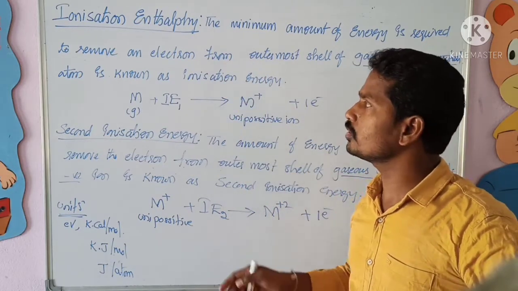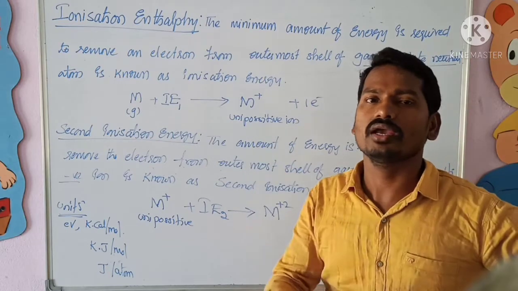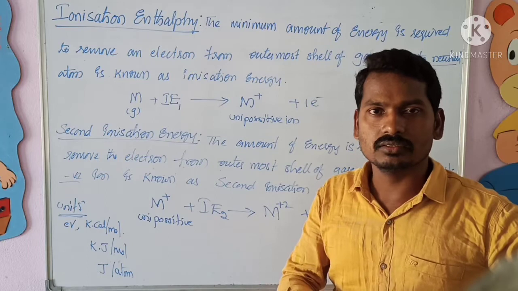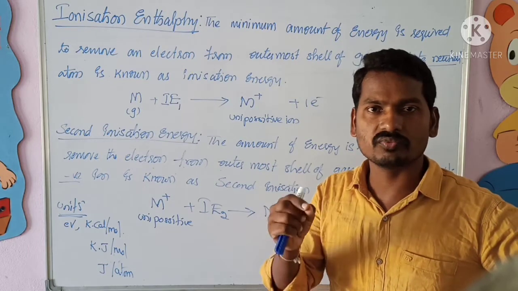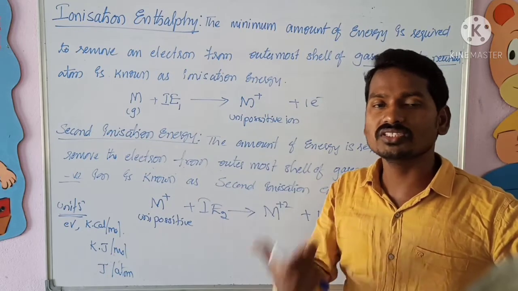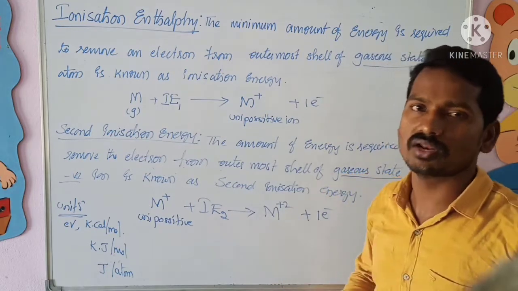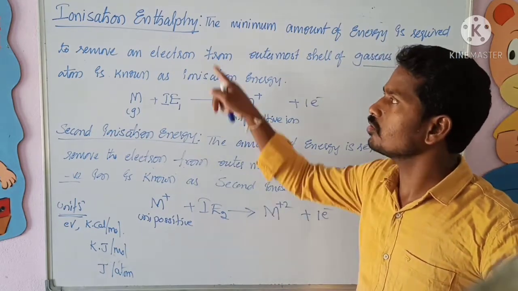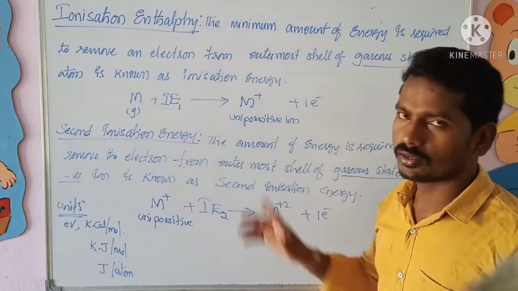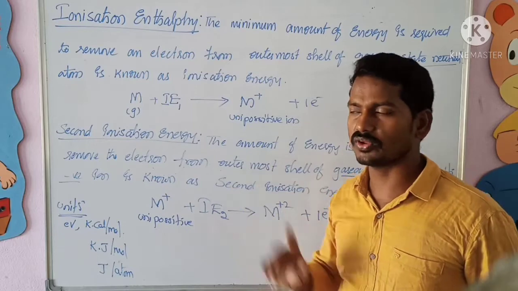Then you discuss which of these two has the higher value and which has the lesser value. You apply the energy to remove an electron from the unipositive ion and the neutral atom. In which case do you apply more energy, second is higher or first is higher? You will discuss that later.